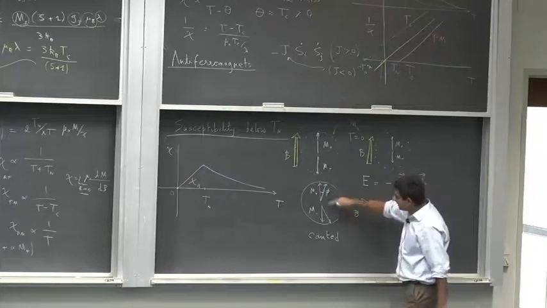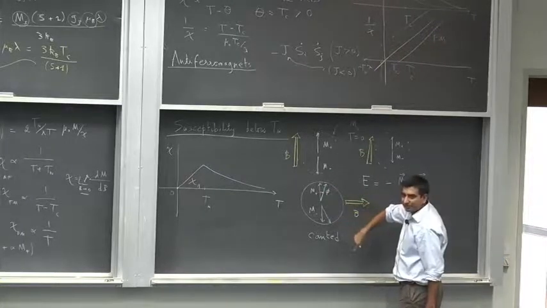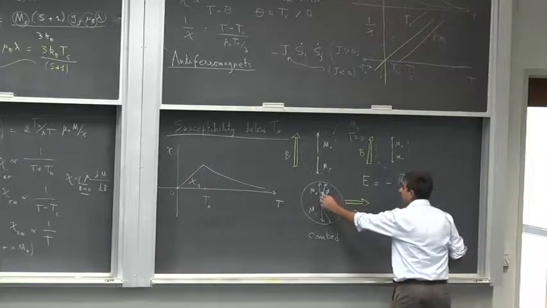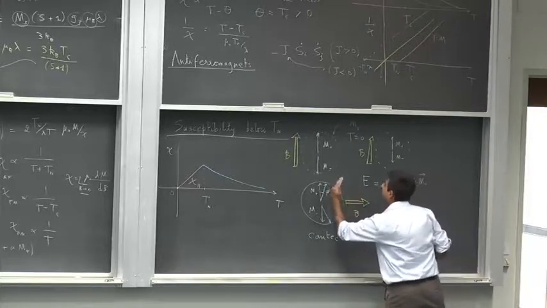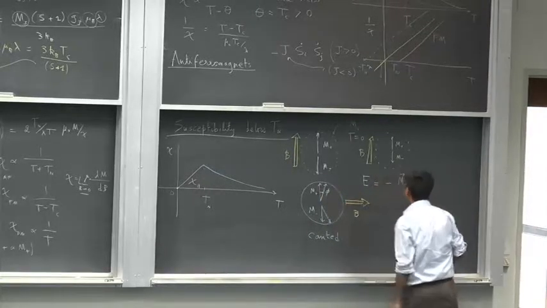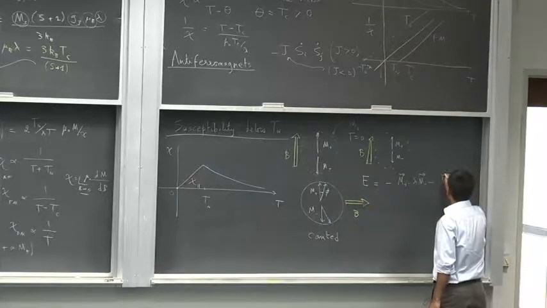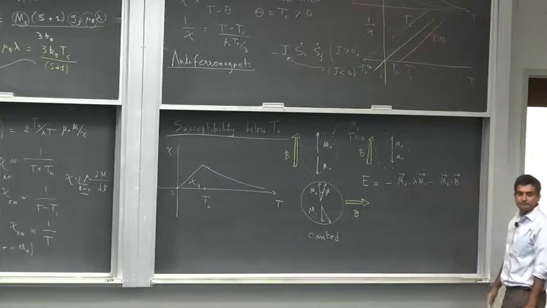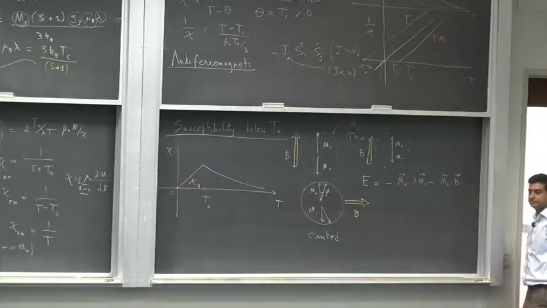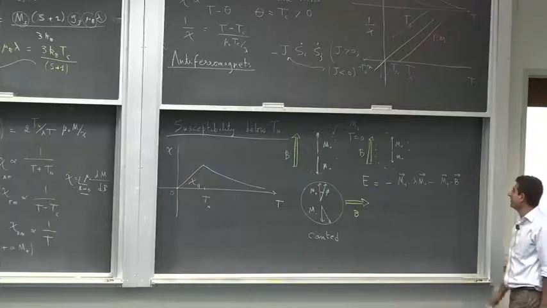This term describes the interaction between these moments. Now the energy due to this moment placed inside the field is given by minus mu dot B, right?